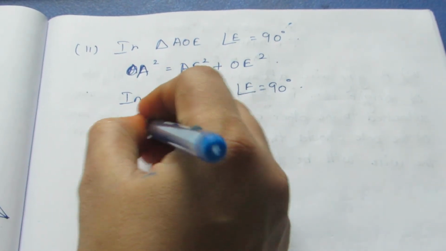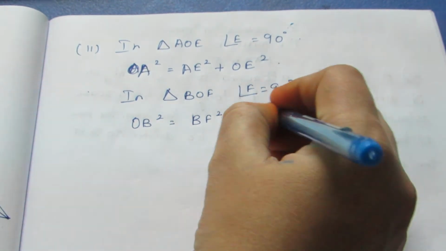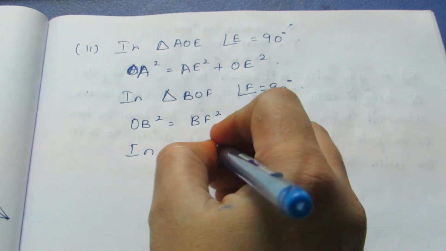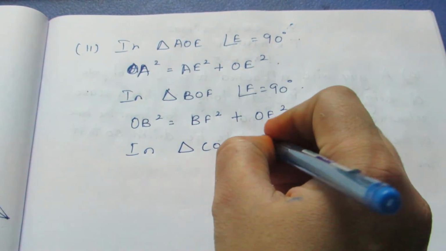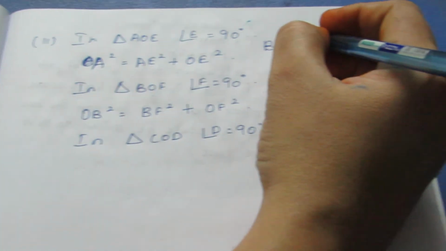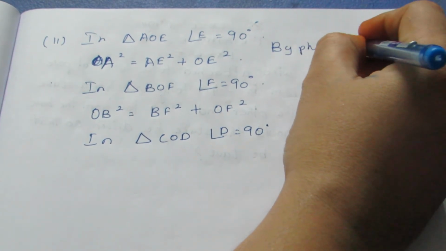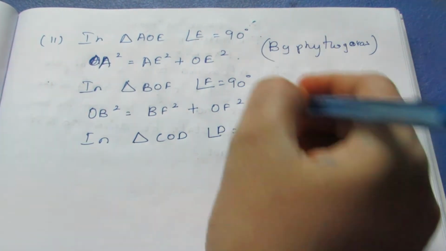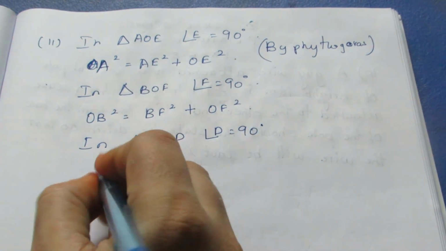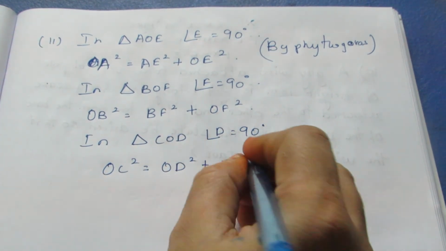So OB square equal to BF square plus OF square. In triangle COD, angle D equal to 90 degrees. So by Pythagoras, OC square equal to OD square plus DC square.